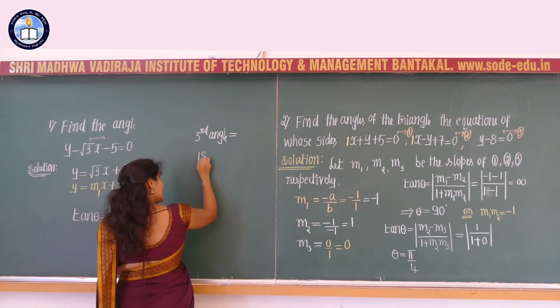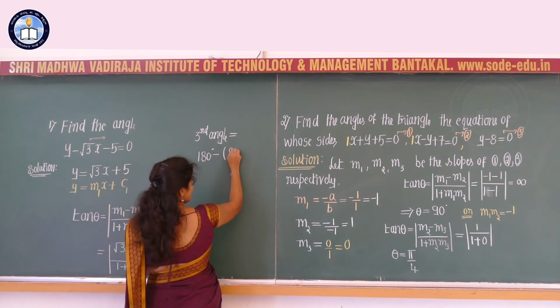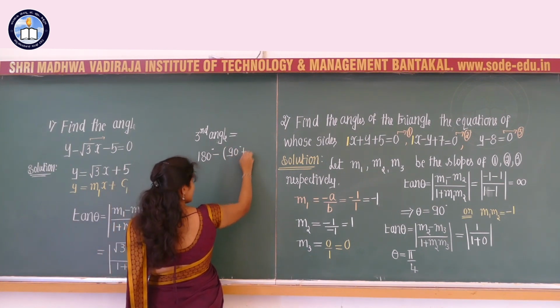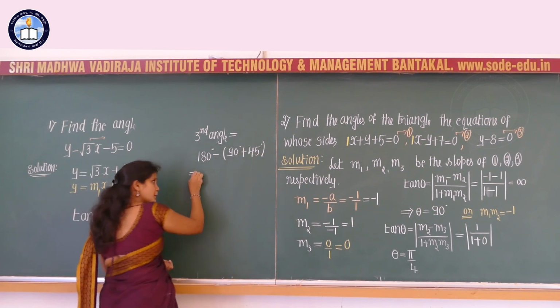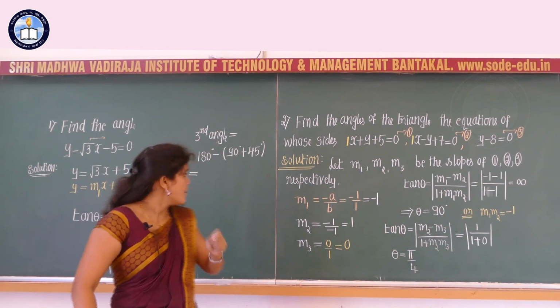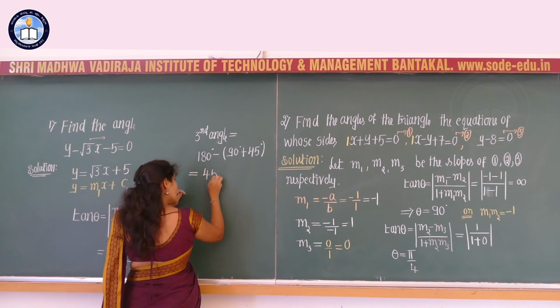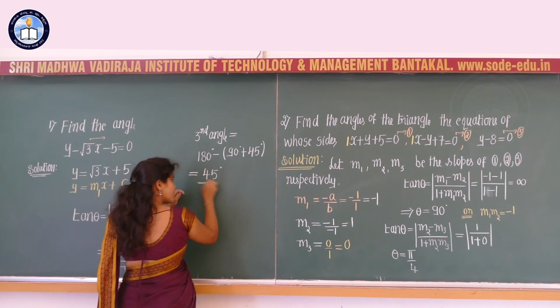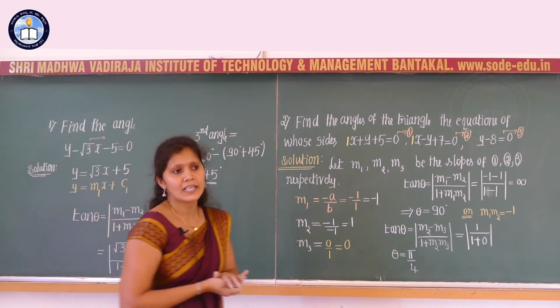So 180 degree minus the sum of the other two, that is 90 plus 45, which is 135 degree. 180 degree minus 135 degree is nothing but 45 degree.